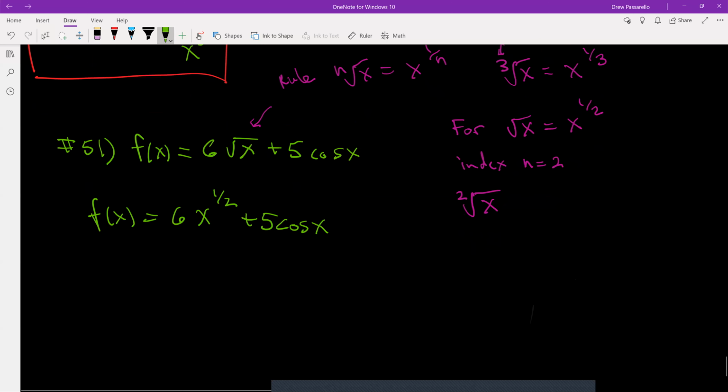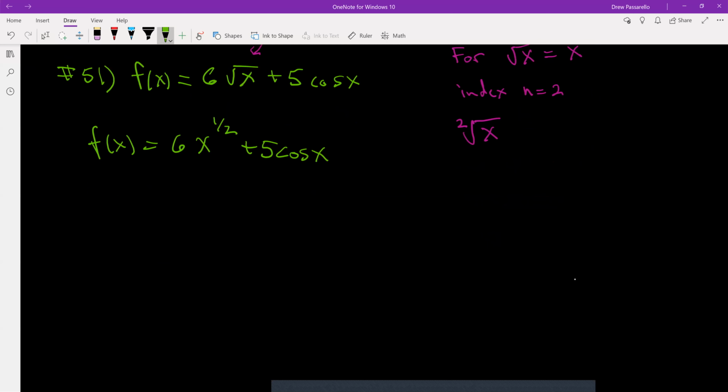And now I take the derivative. So f prime of x, factor out the 6, focusing on x to the 1/2, you use the power rule. So you drop down the exponent to be 1/2 x to the, and subtract 1 from the number, so 1/2 minus 1.